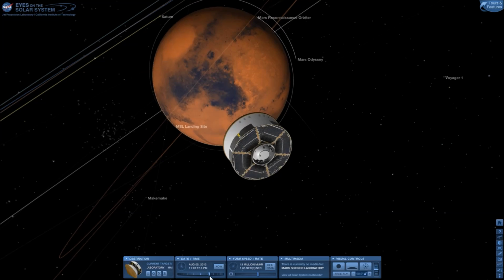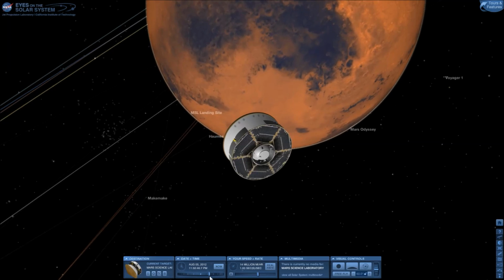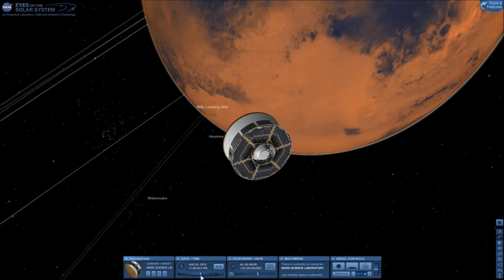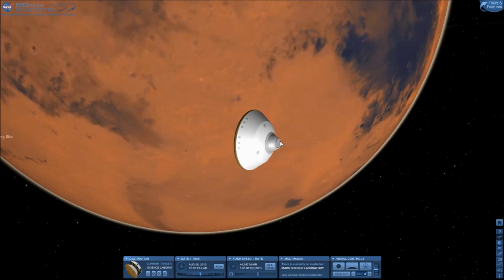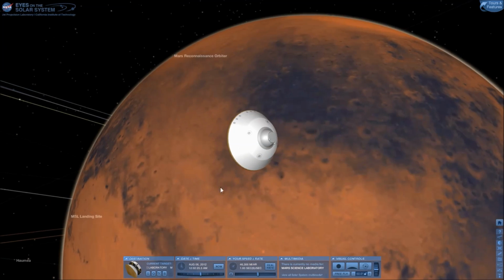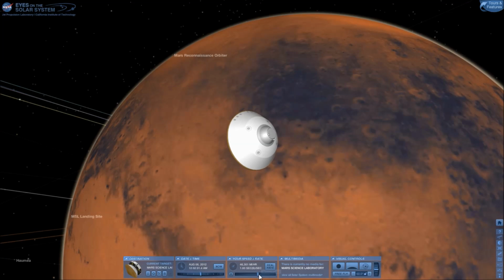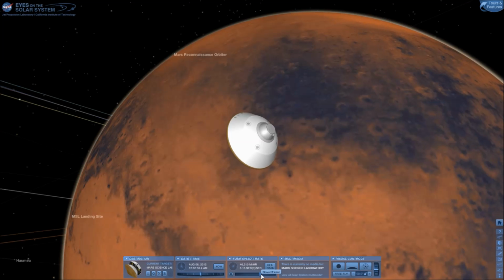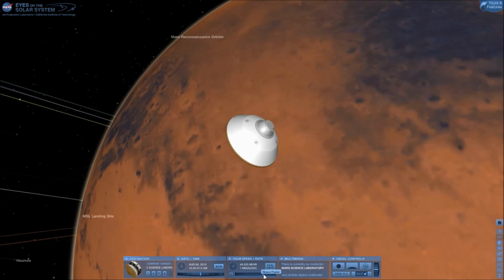Yeah, we're just getting ready to pop off the cruise stage here. And blammo, it pops off, and you can see we're reorienting the lander. And I think I'm going to speed this up so we're going like 1 minute per second.